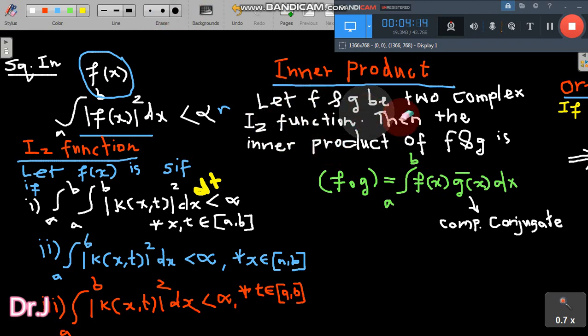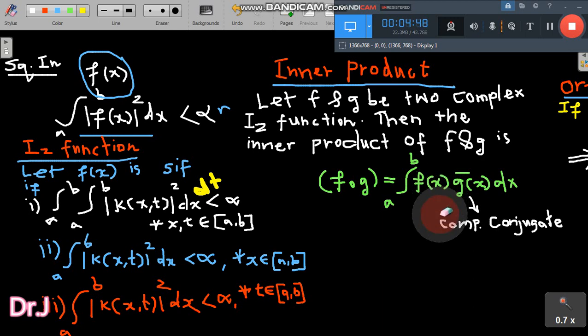Then the inner product is written as f dot g inside the bracket, and it is exactly equal to the integration from a to b of f of x times the complex conjugate of g of x, called g bar of x, dx.